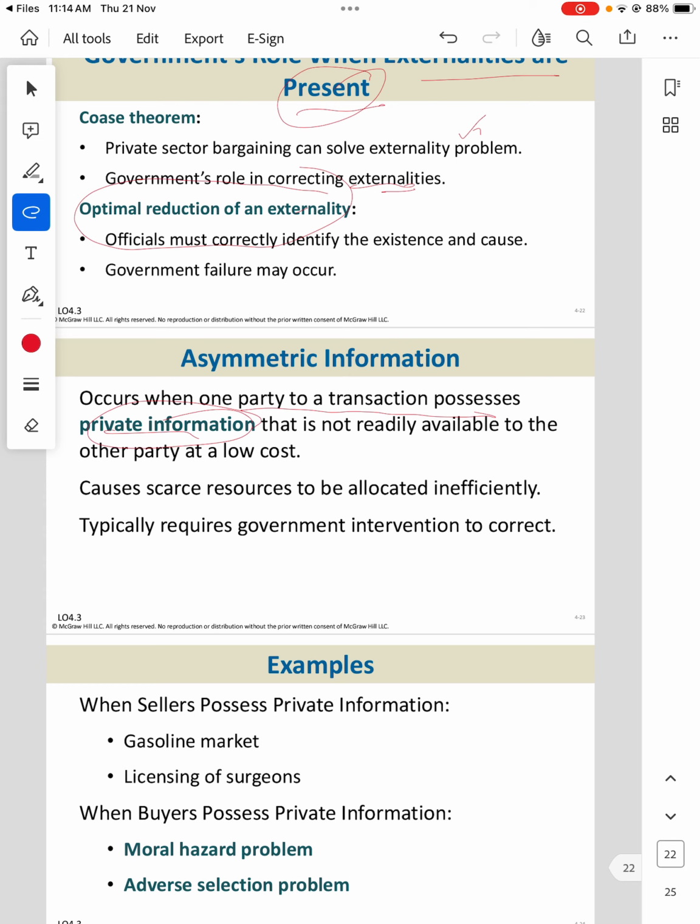That is private information, not readily available to the other party. Other people do not know about it; only you know. So that is called asymmetric information. It causes scarce resources to be allocated inefficiently, and typically requires government intervention to correct.